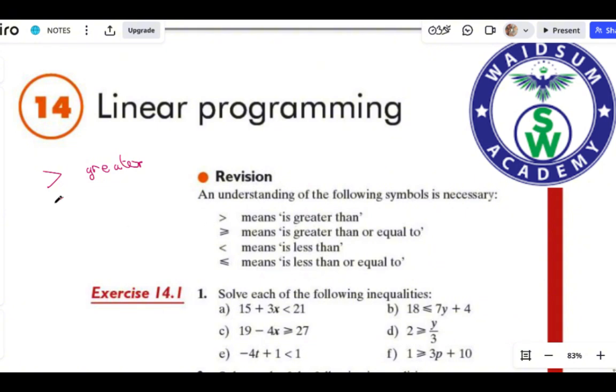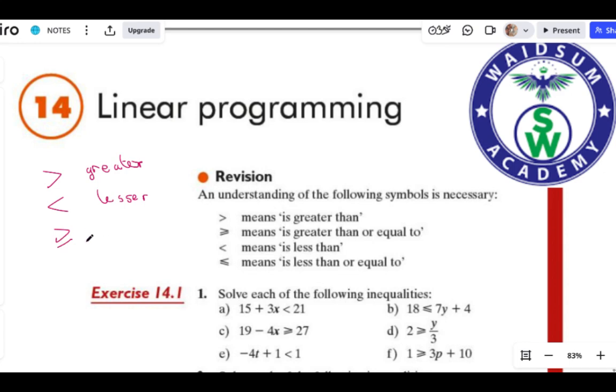Then if we do one this way, the left arm, this one means lesser than. So these are used in inequality. Then if I do the same with my right hand and draw a line underneath it, it becomes greater than or equal to.